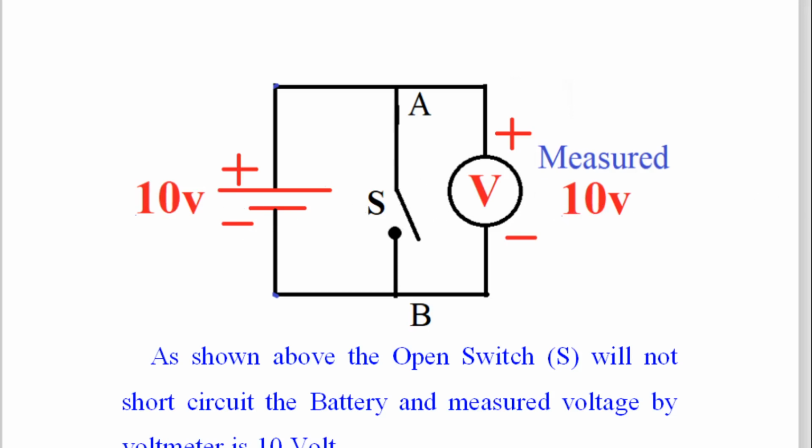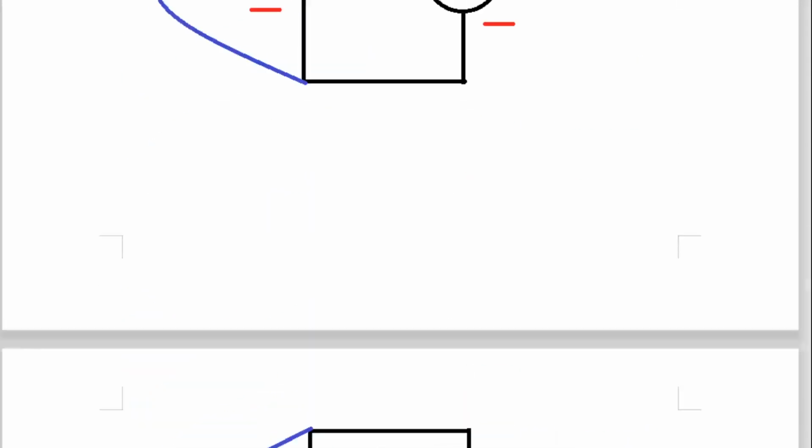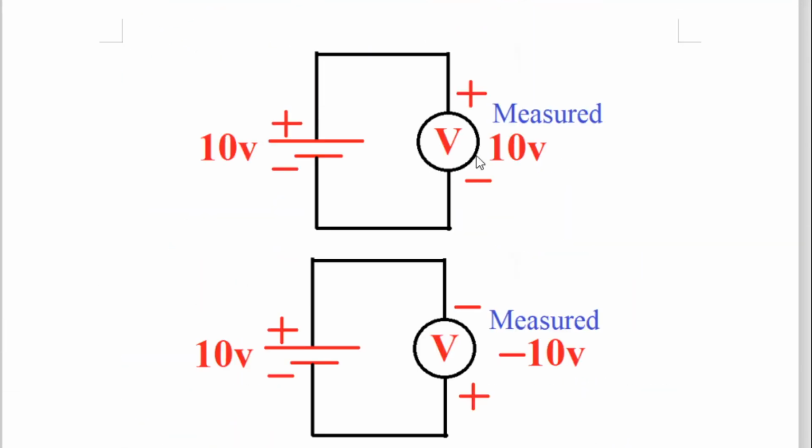So in the earlier case, we studied the measurement of voltage. When we directly connected the voltmeter to the battery, it showed 10 volts because positive of voltmeter was connected to positive of battery, and negative to negative. When the same voltmeter is connected in reverse direction, meaning negative of voltmeter to positive of battery and positive of voltmeter to negative, it shows minus 10.